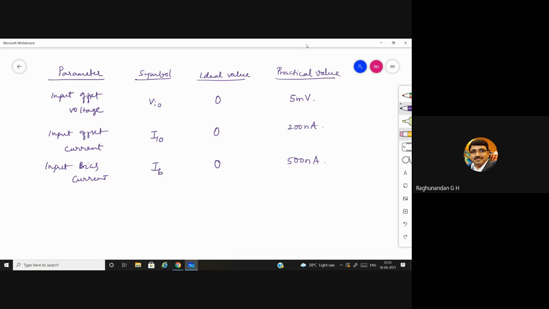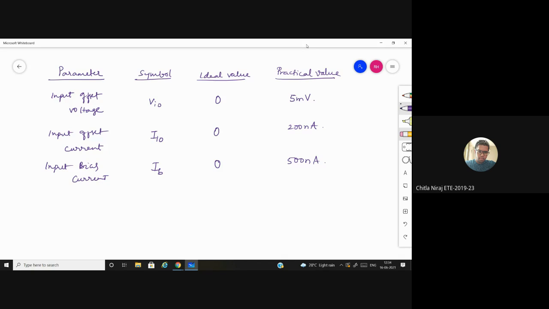It is a very basic reason. If you are telling the base current is 0, there should be something. Because ideally in a transistor, IB is 0.